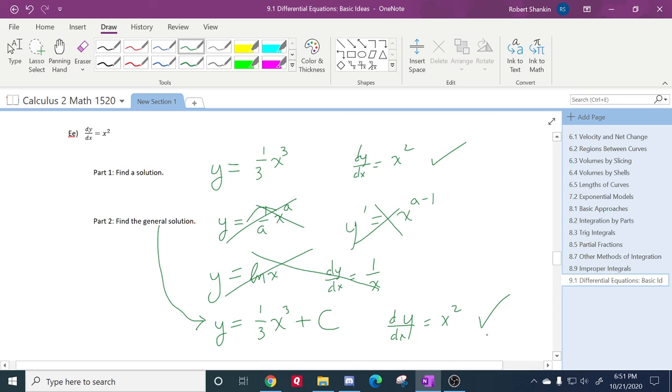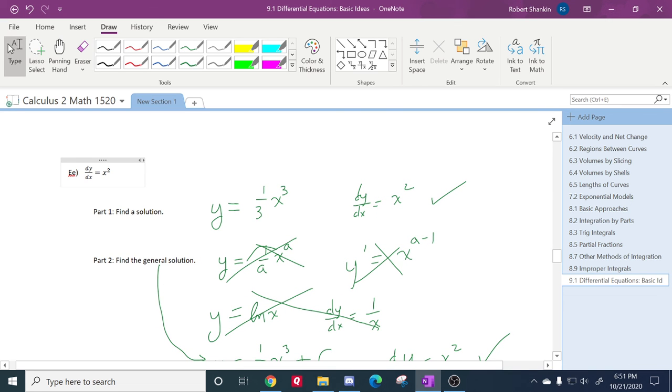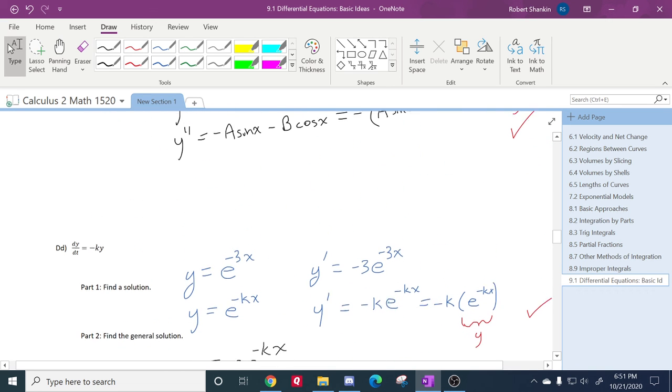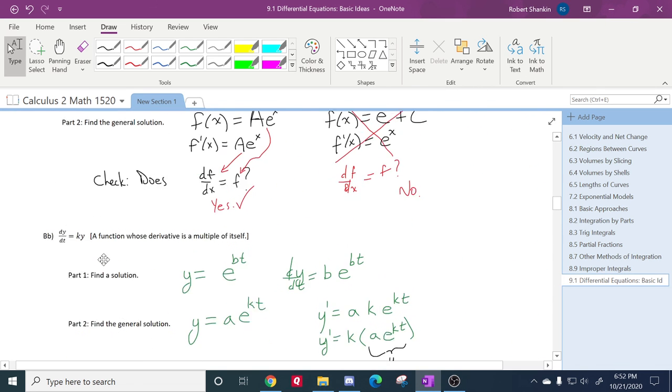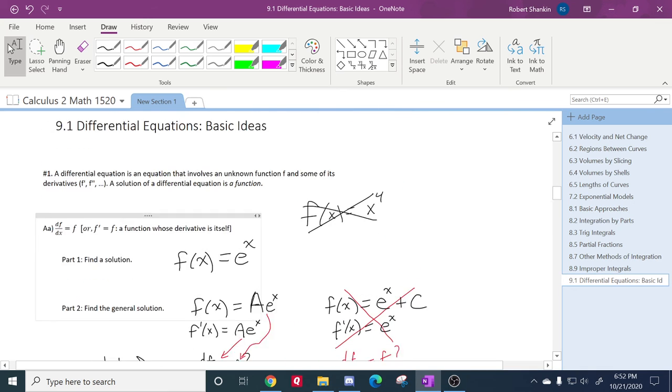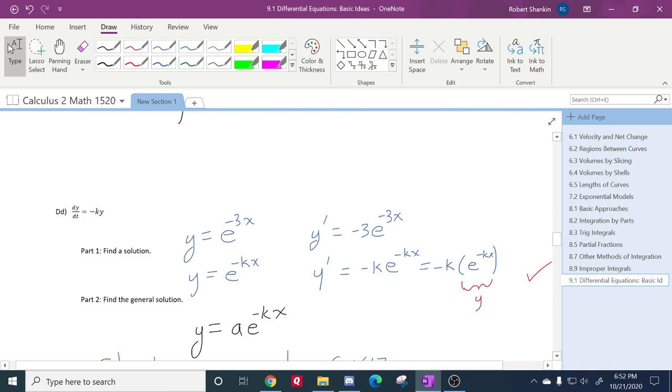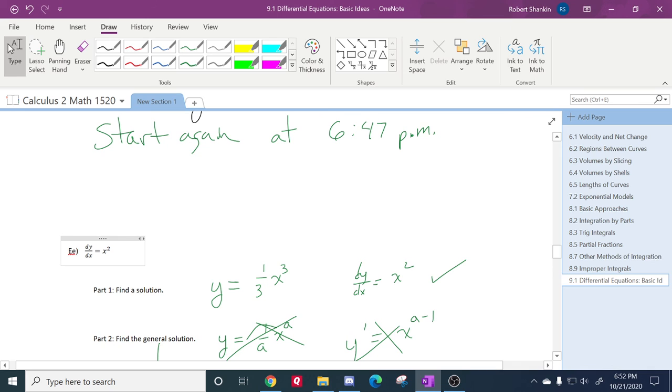All right, now, when you have a situation like this, how is this different than all the previous problems? All the previous problems had the output variable, the y, in its solution. Every single one of those. This one just has the input variable in it. And all we really are doing over here is integrating both sides.